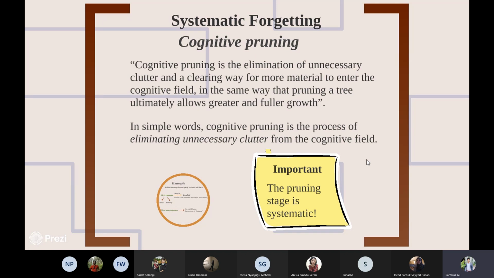In the same way, pruning ultimately allows greater and fuller growth. In other words, cognitive pruning is the process of eliminating unnecessary clutter from the cognitive field. Sometimes we do not focus on some materials, or we do not repeat them over the months, so they are eliminated.